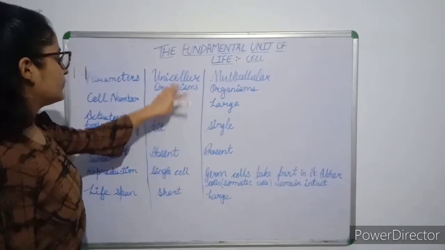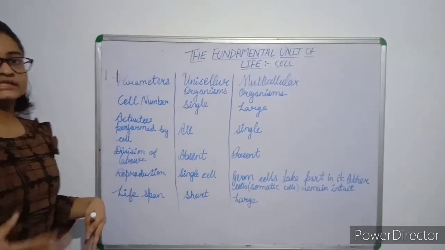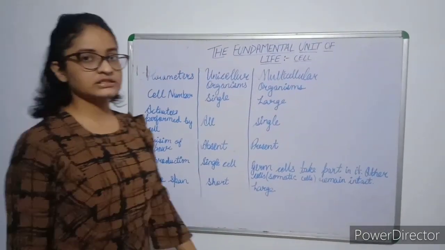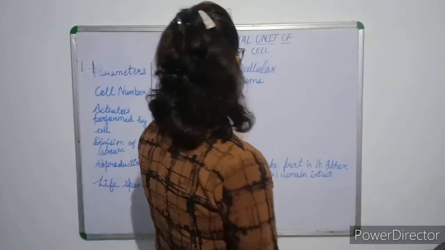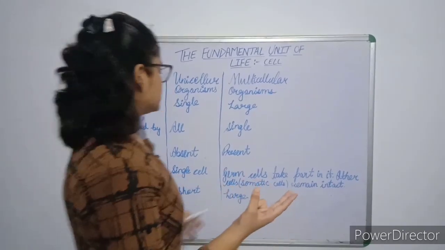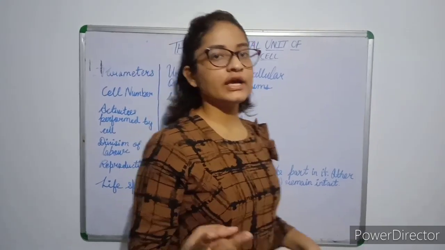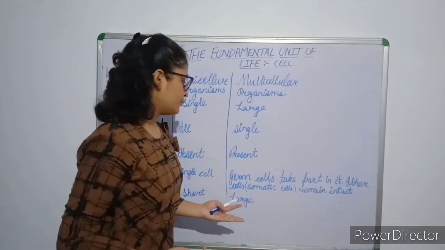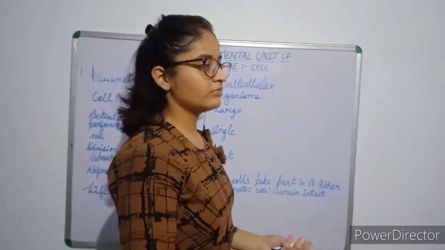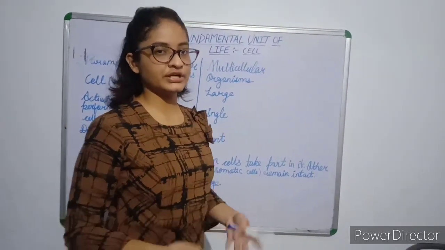And reproduction. They divide by binary fission, fragmentation, etc., which you will study in higher classes. So reproduction in unicellular organisms is by a single cell, and in multicellular organisms two germ cells, sperms in males and ova in females, take part to produce a zygote, which after a gestation period forms a new individual, and by the process of parturition it comes into this world.